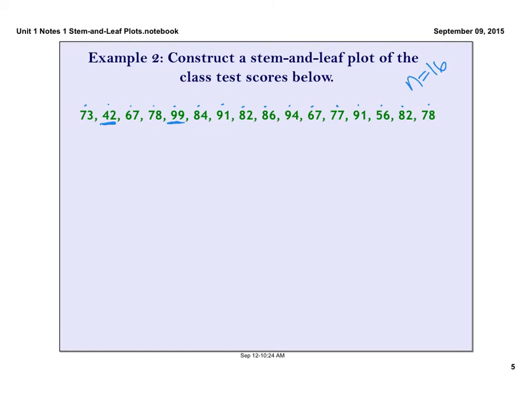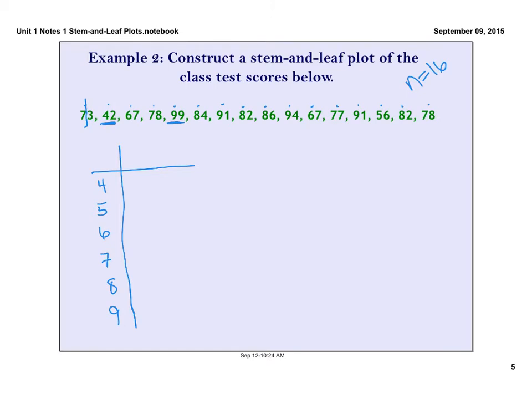So what that tells me is that my stems, I'm going to split the tens and the ones. And I'm going to start with a stem of 4, and I'm going to go up to a stem of 9. So if I start my stem and leaf plot, it's going to look like this. I have a stem of 4, 5, 6, 7, 8, 9. Okay, so there's my stems.